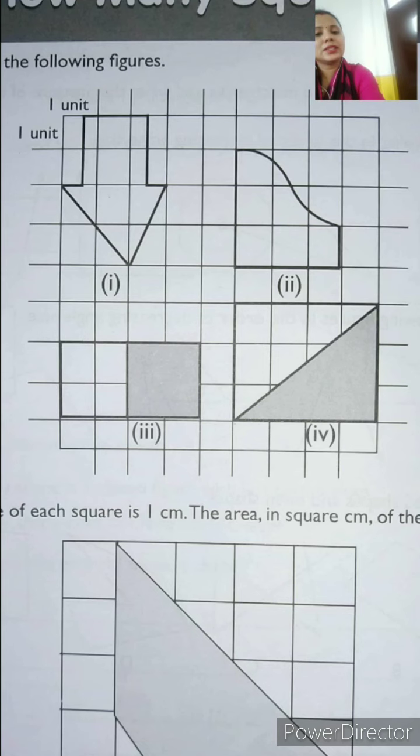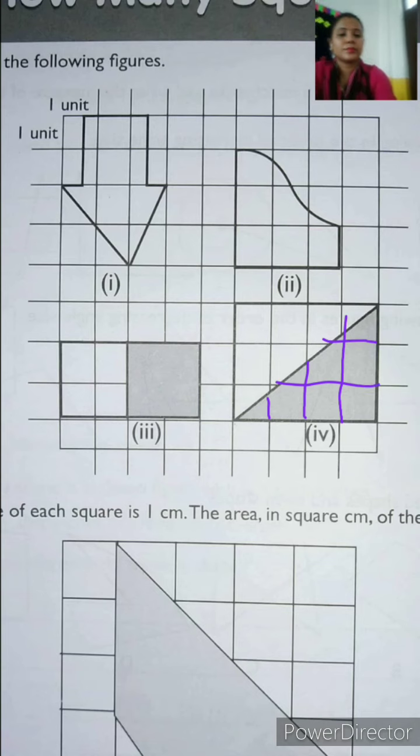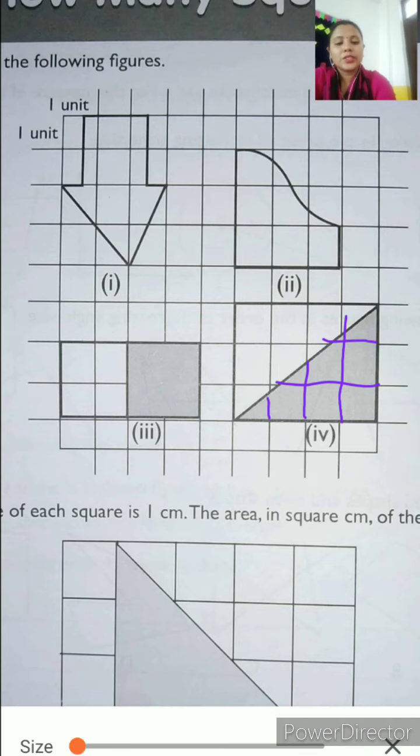First just complete the square grid. And now count the complete squares. 1, 2, 3, 3 complete squares.